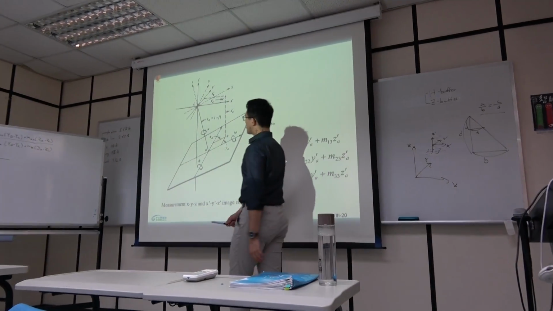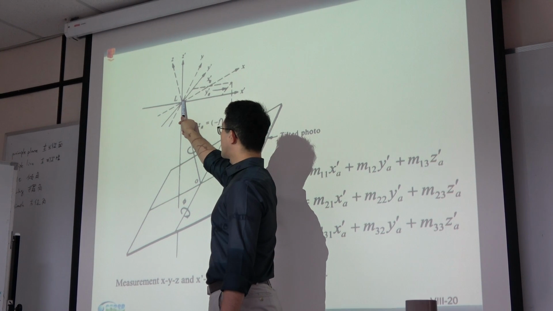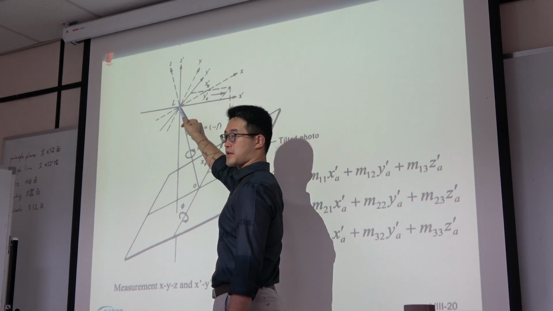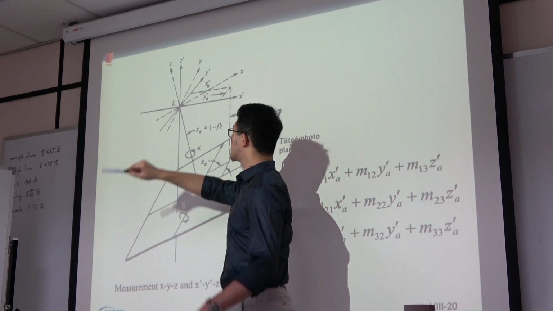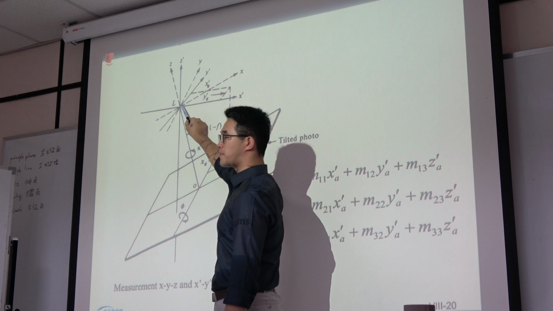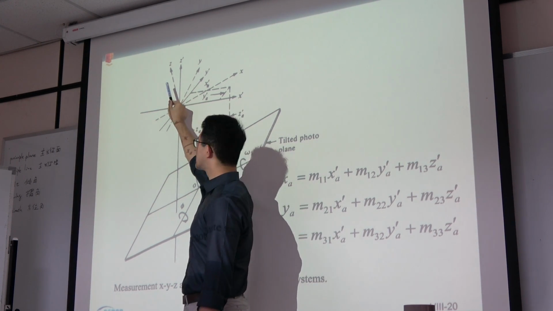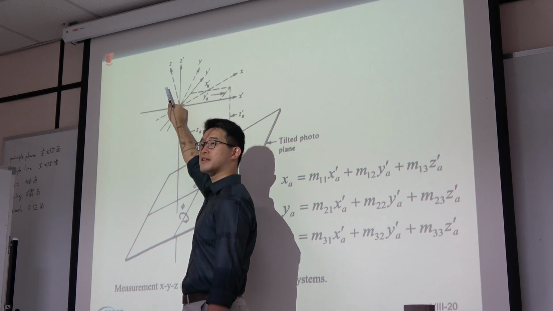Because the origin for the small x, y, z is at the perspective center. Right? It's at the perspective center. Also, the z-axis direction is pointing in the opposite direction of the vertical line, which is toward the sky.